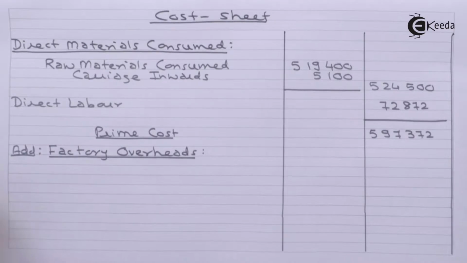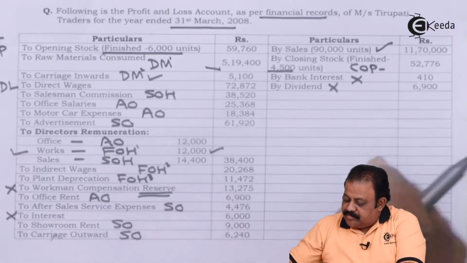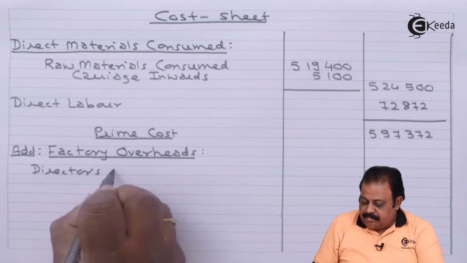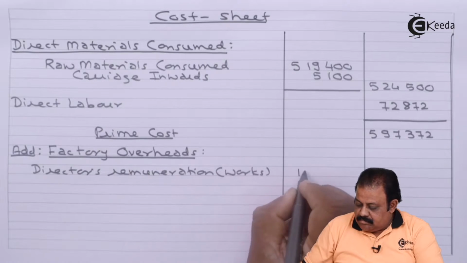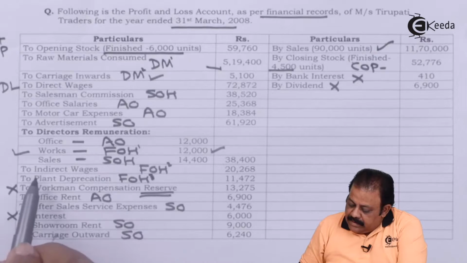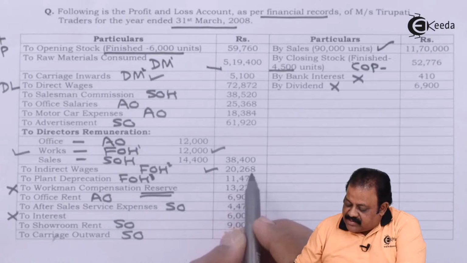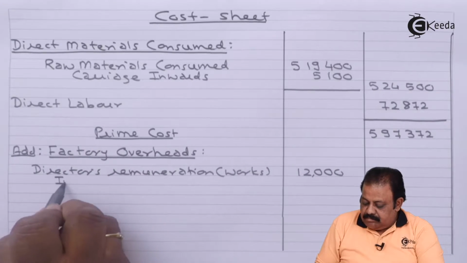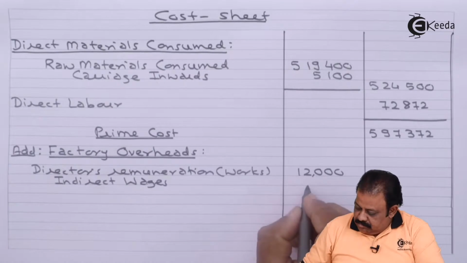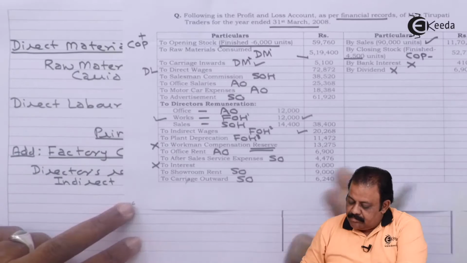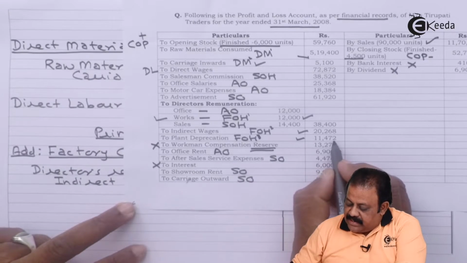factory overheads. Directors remuneration works 12,000. Indirect wages 20,268. Plant depreciation 11,472.